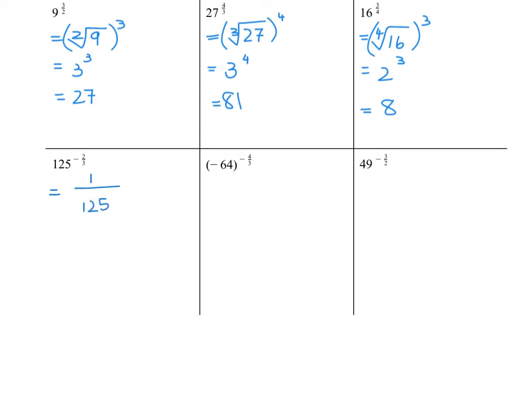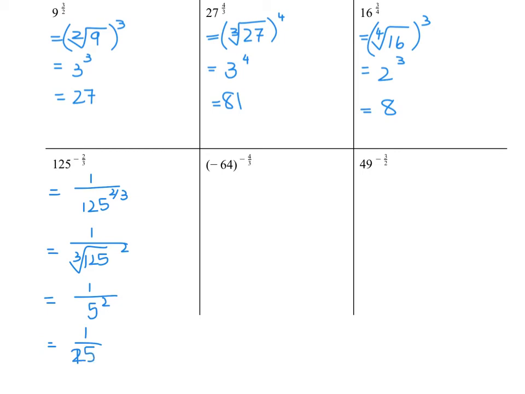Now, that exponent of 2 over 3 is now positive, which means in the denominator, I'm going to take the cube root of 125 and then square that number. And the cube root of 125 is 5 because 5 cubed is 125. And then I will square that number so that the answer is 1 over 25.